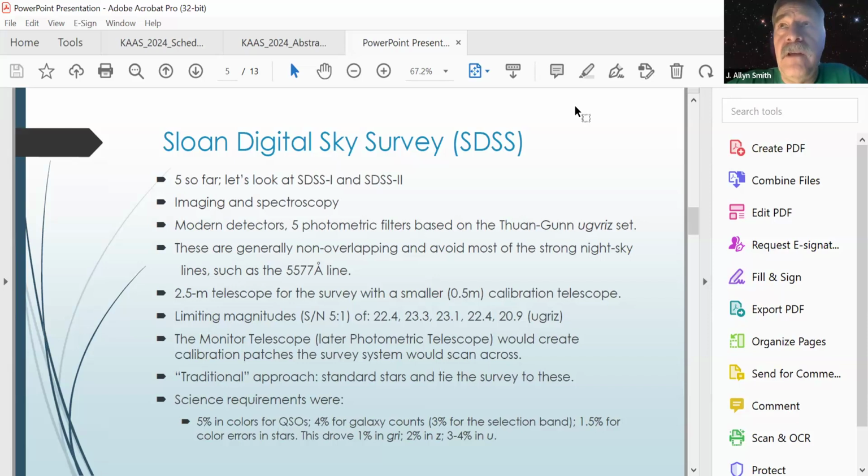And so I'm going to look at SDSS 1 and 2, which are the original imaging surveys. The survey itself did imaging and spectroscopy. The idea was we would scan the sky in 5 different filters, near simultaneous photometry, and then process the images. Computers would go through and select target objects for the follow-up spectroscopy as soon as the following month.